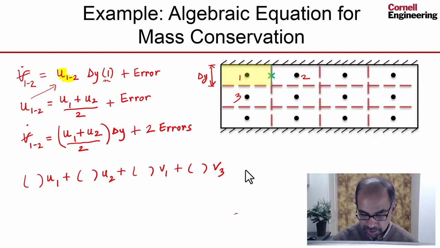There's no contribution from the top phase, and from the left phase I will have a constant value, so that'll just come to the right. And this is the algebraic equation for mass conservation, and I'll let you work out what the coefficients are in the exercises.